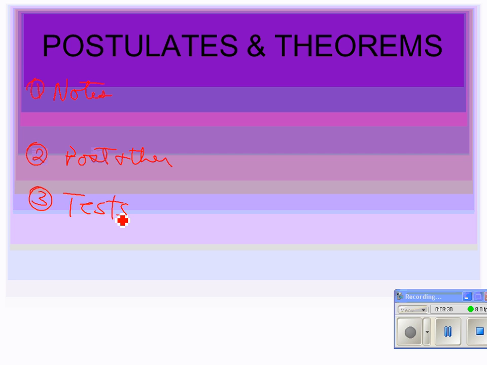So all you're going to do, you go to the back of the book, this section right here, start copying down each of those postulates and theorems on a sheet of notebook paper. Don't wait till the last minute.